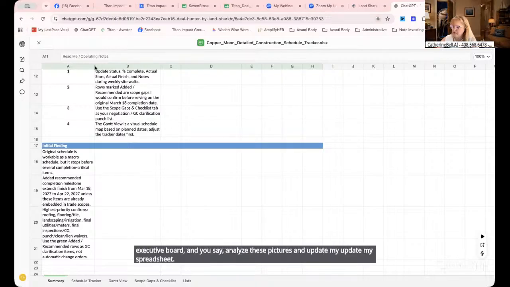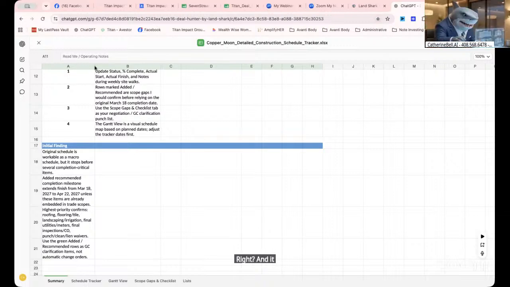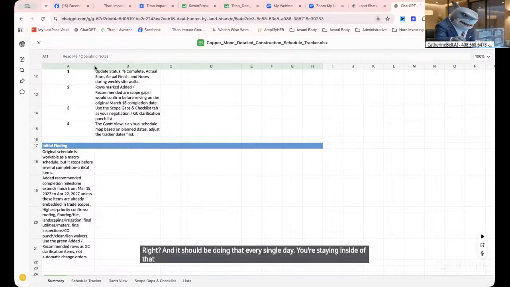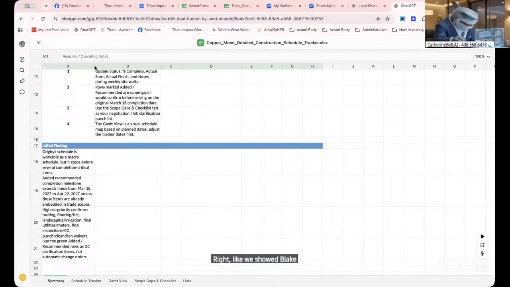It should be doing that every single day, staying inside that ChatGPT project folder. As a project manager, that's what I would do. That's what I'm teaching people inside of Contractor Scale Up, to take this job folder, like we showed Blake where his project folders were.